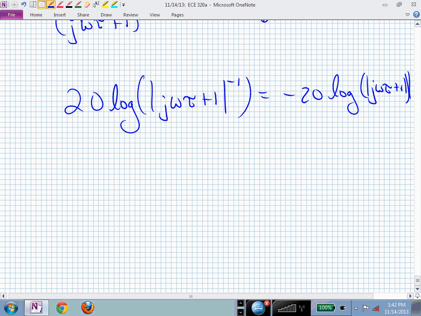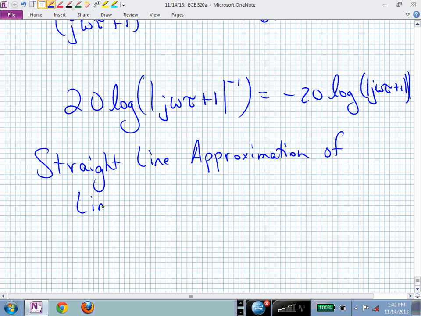So in terms of the magnitude, we now have a way of creating, for a linear factor, a straight line approximation. A straight line approximation of the linear term for its magnitude.